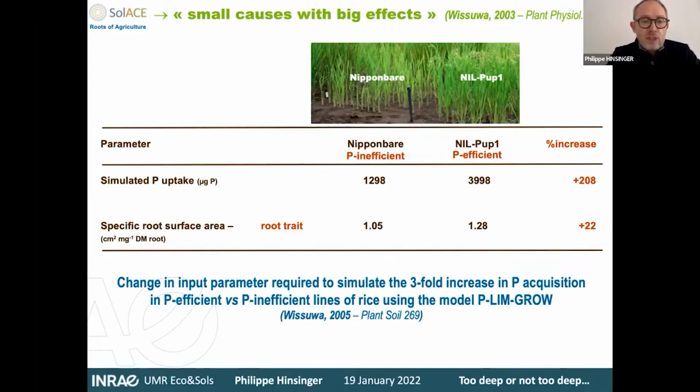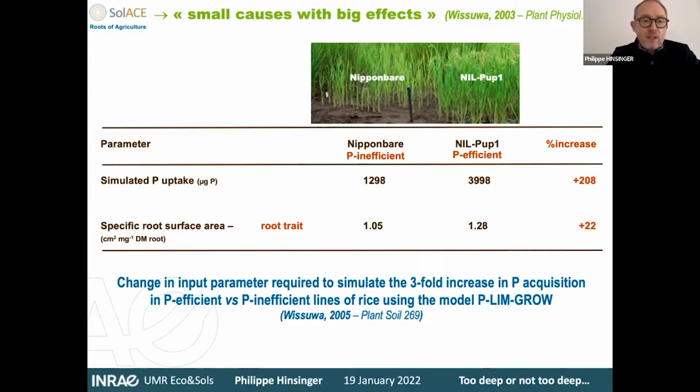And what is interesting in his work is that he tried, based on a number of measurements and then on modeling, to explain this kind of huge increase in efficiency in uptake.